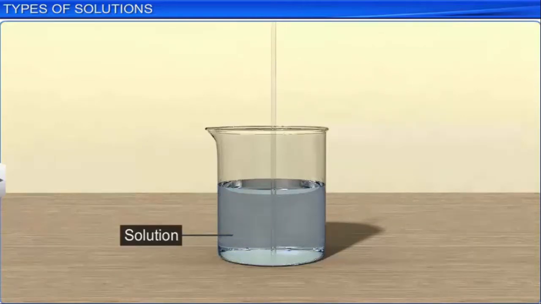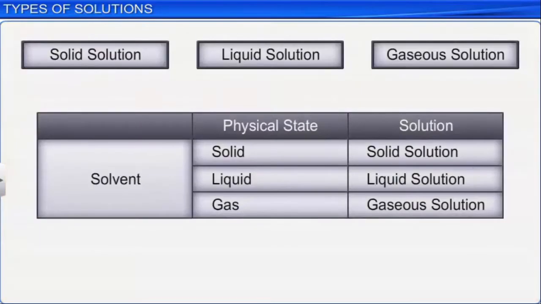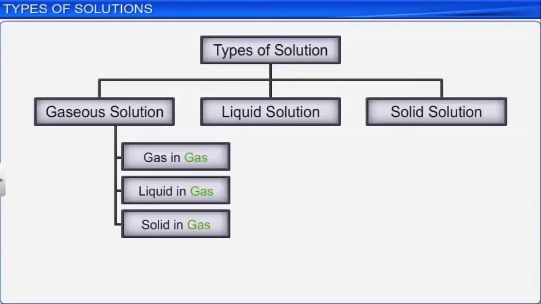Depending upon the physical state of the solvent, various types of solutions that can be formed are: a solution in which a gas is the solvent, and a gas, a liquid, or a solid is the solute, is known as a gaseous solution.